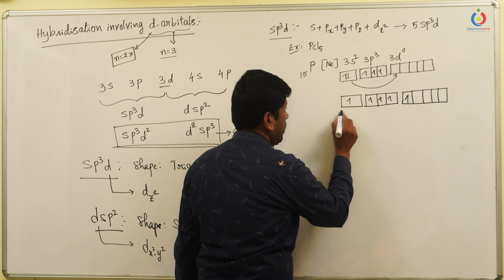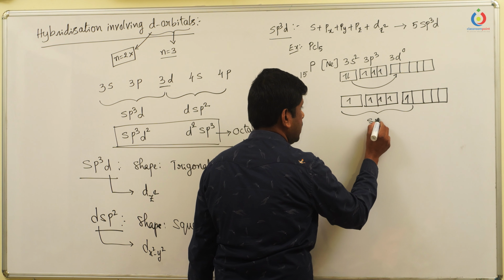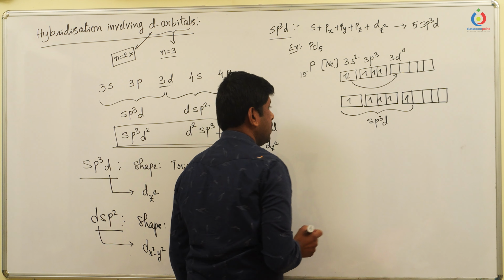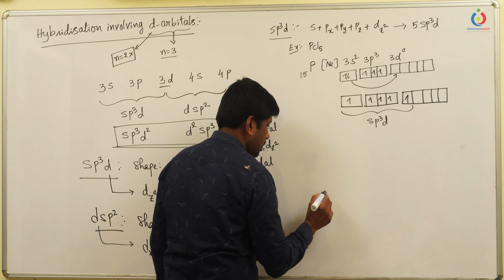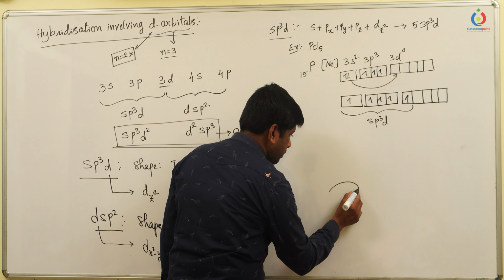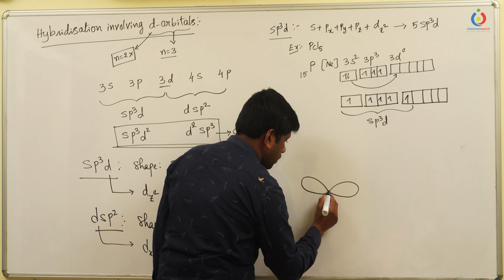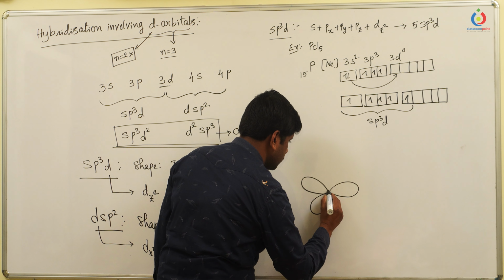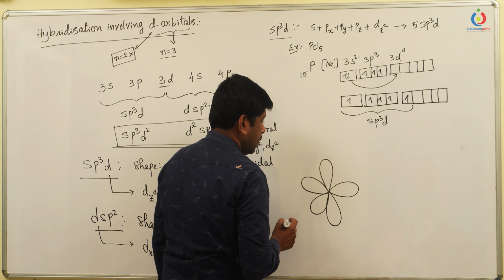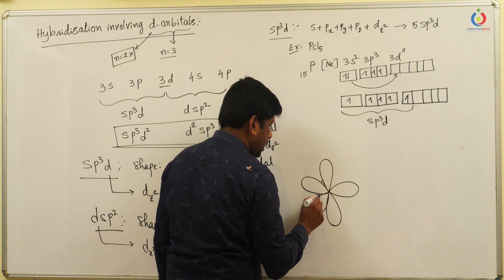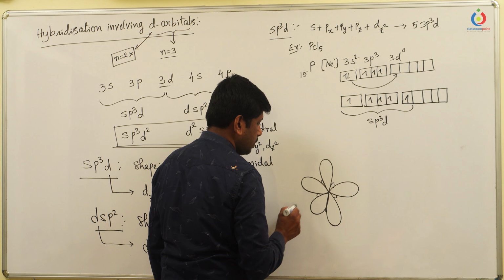So now 1 s orbital, 3 p orbitals, 1 d orbital intermix with each other and provide the sp3d hybrid orbitals. These are having 5 orbitals. In these 5 sp3d hybrid orbitals, these are the small negative lobes.